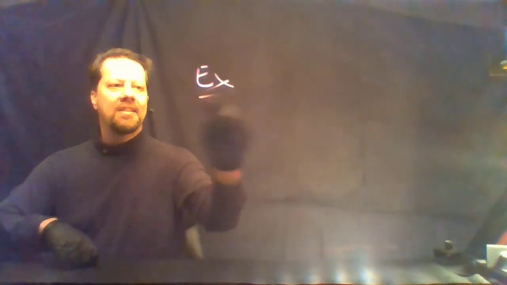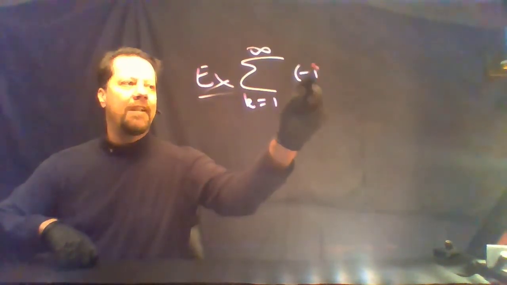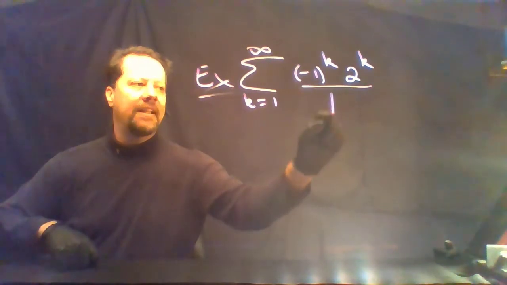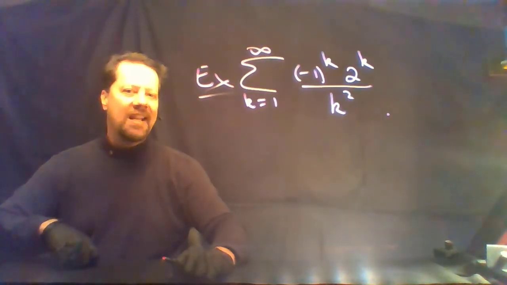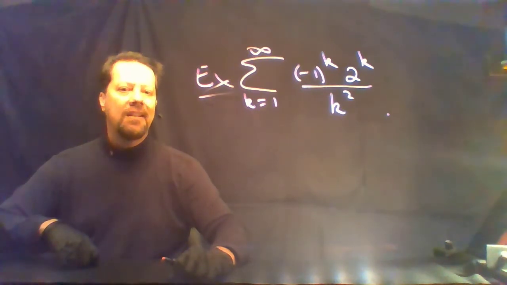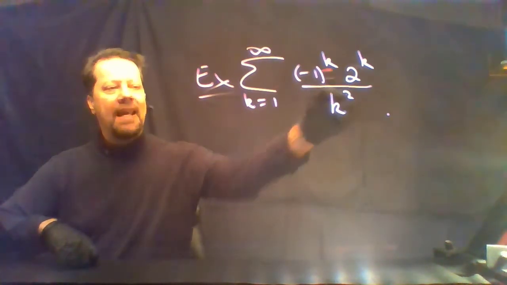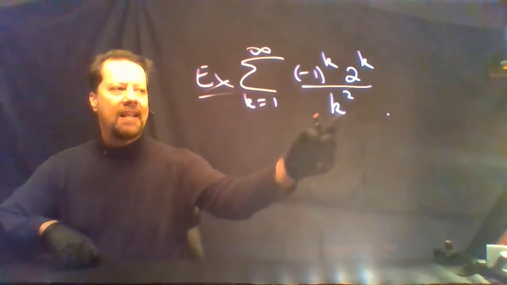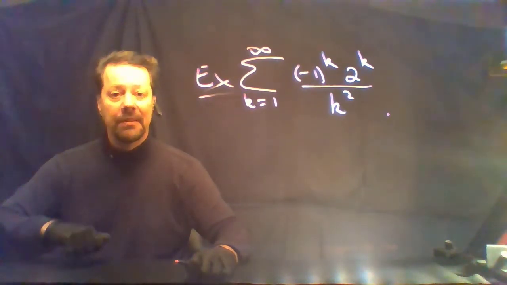In our next example, suppose we have the sum, as k goes from 1 to infinity of negative 1 to the k, of 2 to the k divided by k squared. The way to analyze this is using the divergence test. 2 to the k blows up exponentially. k squared blows up quadratically, like a polynomial.